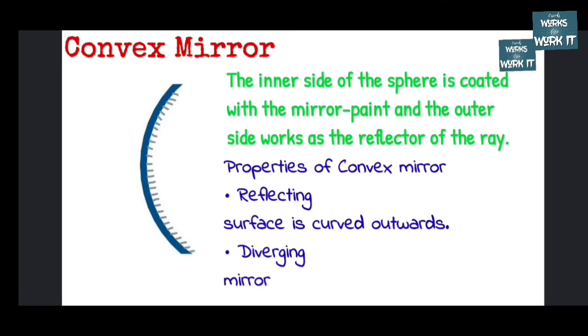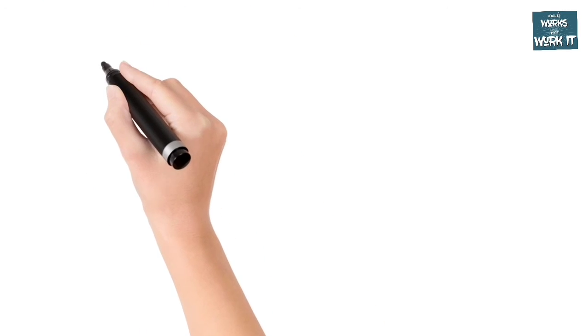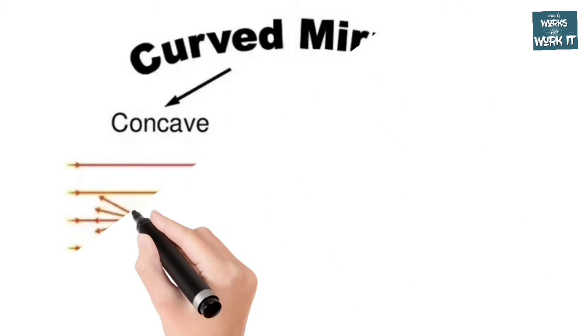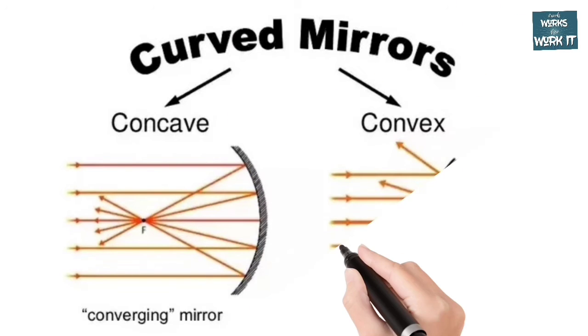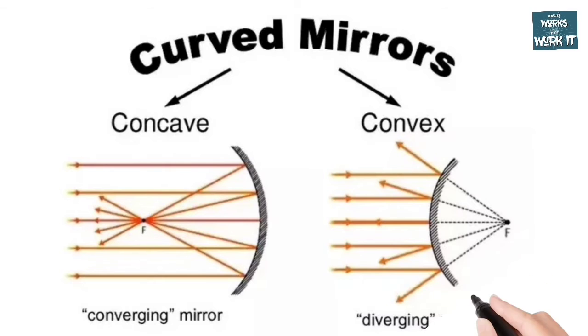That's why it is called the diverging mirror. If we look over the diagrams of concave and convex, we can see that in the concave mirror all the reflected rays converge at a single point, that is F. That's why it is called the converging mirror. And in the convex mirror, all the light rays after reflection deviate from their own path. That's why it is called the diverging mirror.